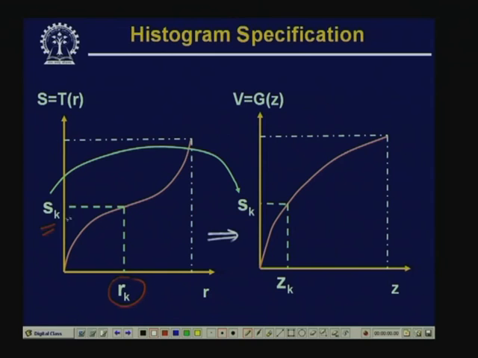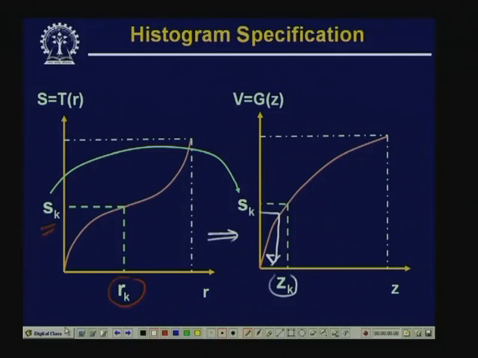Then we find z_k in the reverse direction, from this value of s_k using the transformation curve G(z). But as we have mentioned, it may not always be possible to find analytical expressions for T and G. So, though the method appears very simple, its implementation is not that simple.